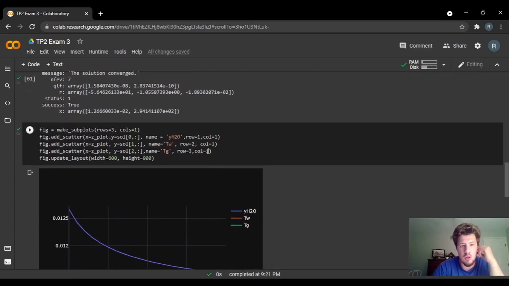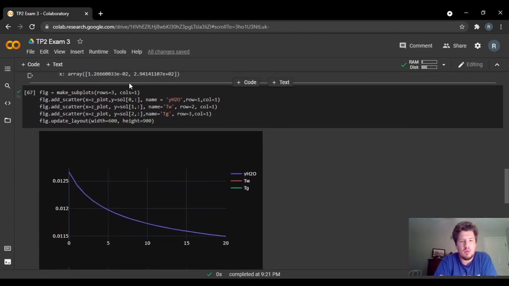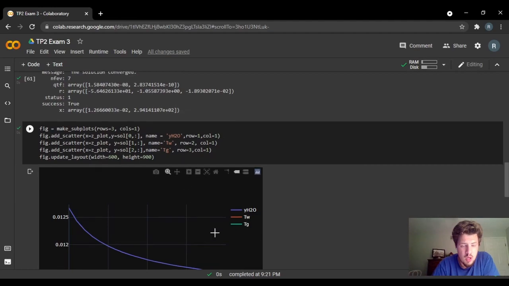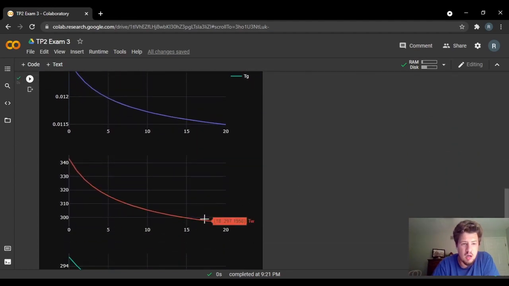Alrighty. So this concludes our, well, I guess I'll explain it real quick. So as you can see, this 20 is the top of the cooling tower, and as expected, the mole fraction of the water is decreasing as it goes down the tube.